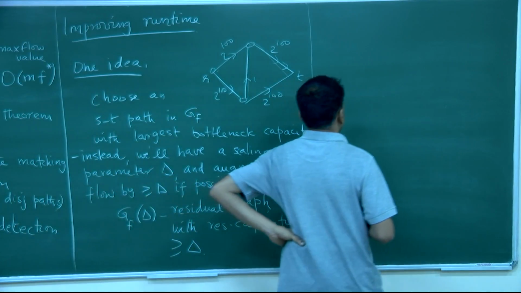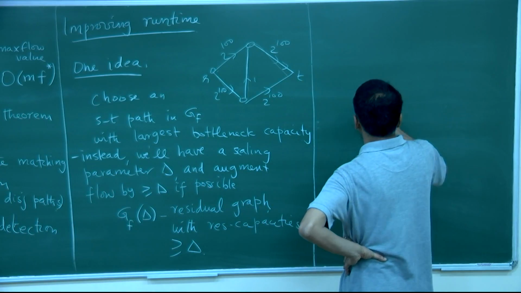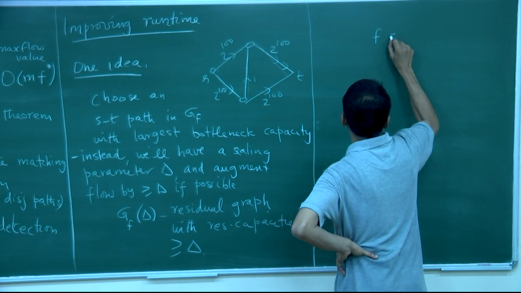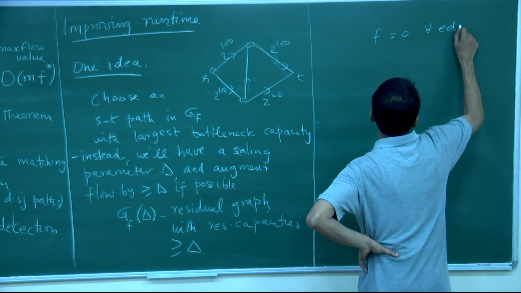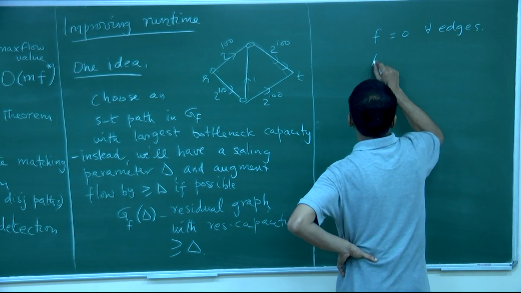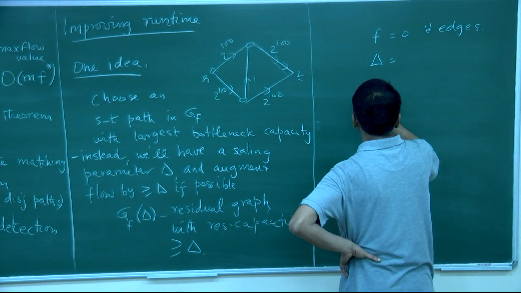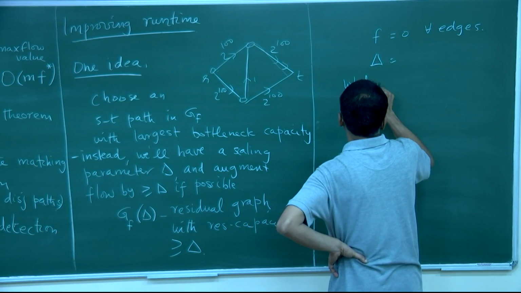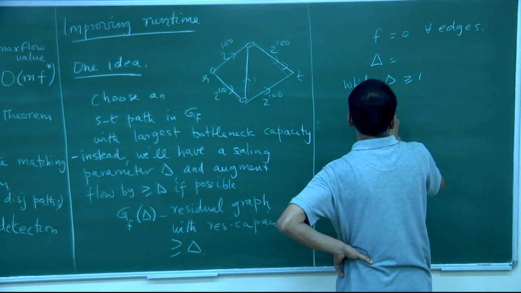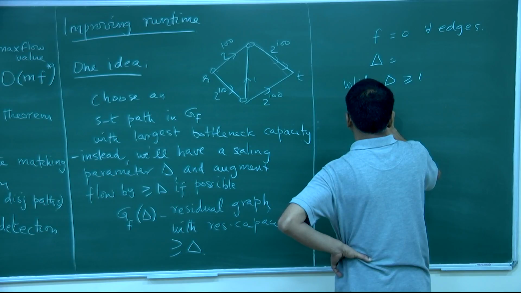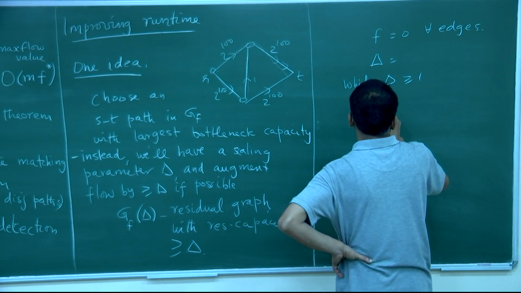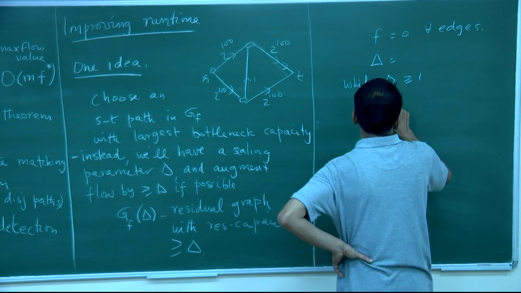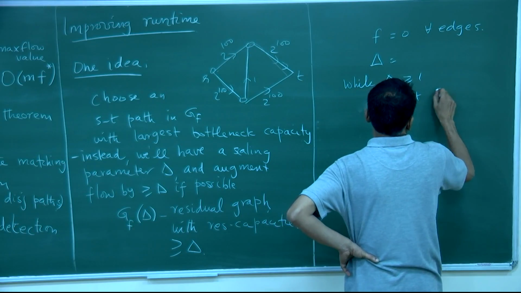Okay, so here is the algorithm. So initialize. So f is 0 for all edges. We'll figure out how to initiate delta. While delta is greater than or equal to 1, construct GF delta.